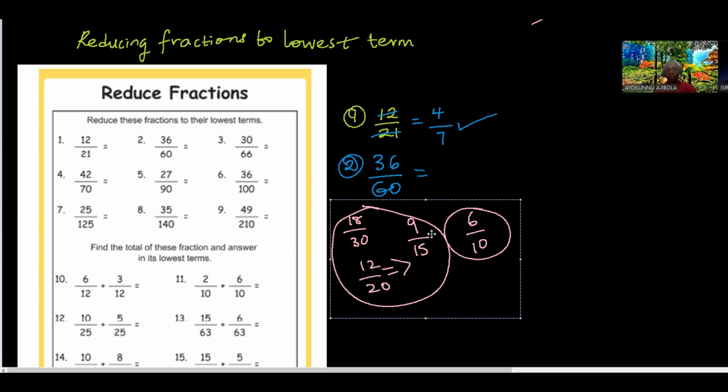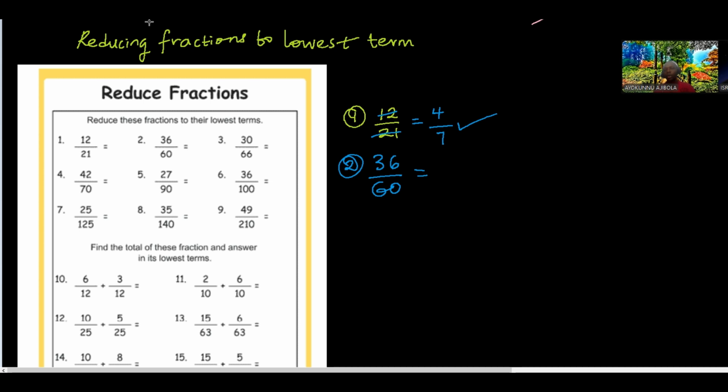So what number did I say we're using now? We're using 12. Well, 12 in 36 is what? 3, because 12 times 3 is 36. So 12 in 60 is what? 5, because 12 times 5 is 60. Is this clear to you?